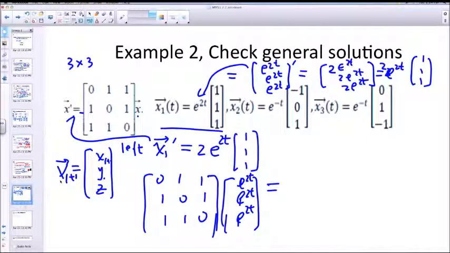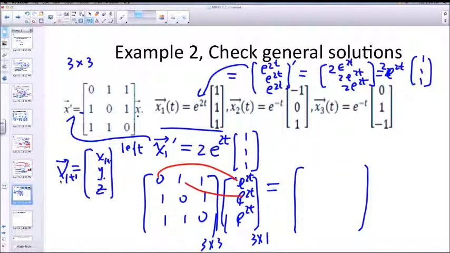And you remember how to multiply 3 by 3 with 3 by 1; we learned it in the very beginning. 0 times this is 0. Let me draw a line. This is 0. That's e to the 2t plus another e to the 2t.